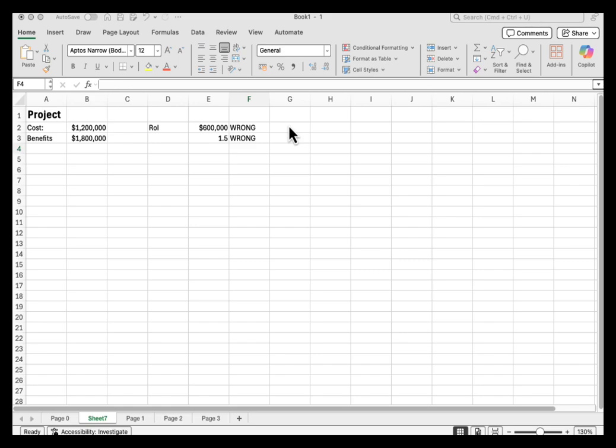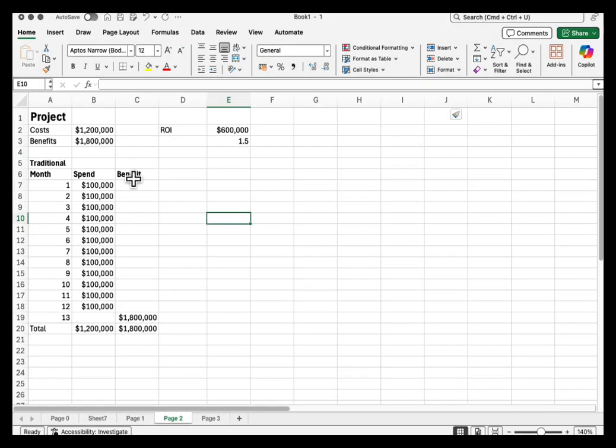Unless that is the profile of your costs and benefits, you spend all the money in one go and then you get all the benefits in one go, you need to think again. You need to consider the time here, when the costs occur and when the benefits occur.